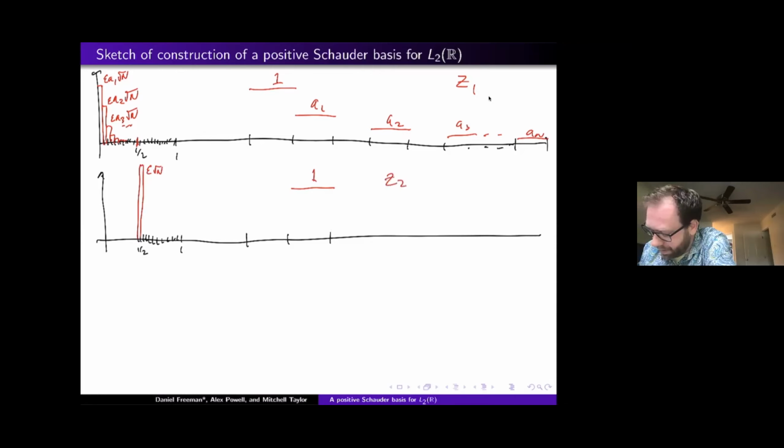So this is z2. And then for all the odd vectors, we're just going to cyclically shift z1 in order to make z3. And so I'll put z3, I'm going to draw it on top. So z3 is going to look like this.